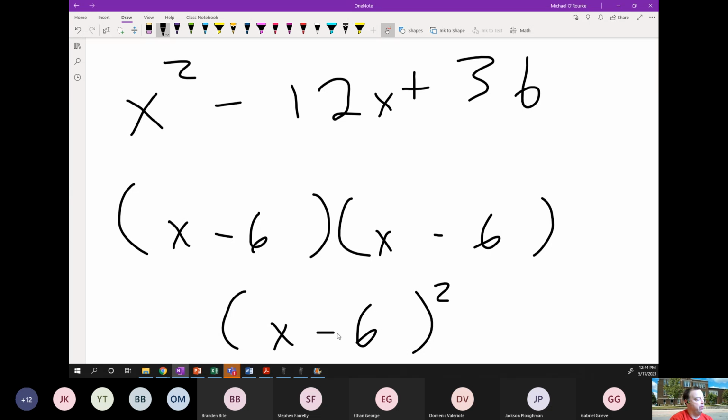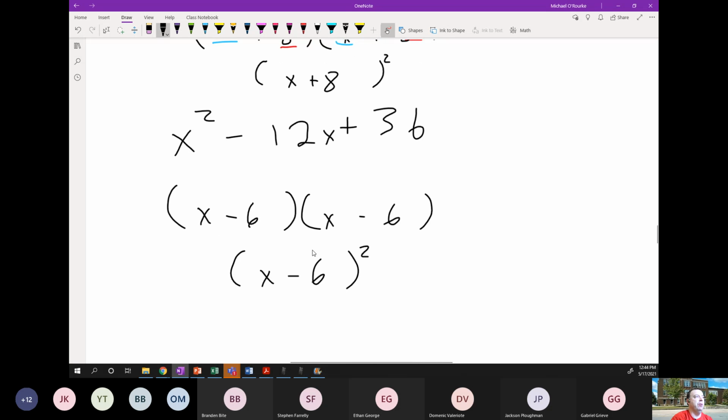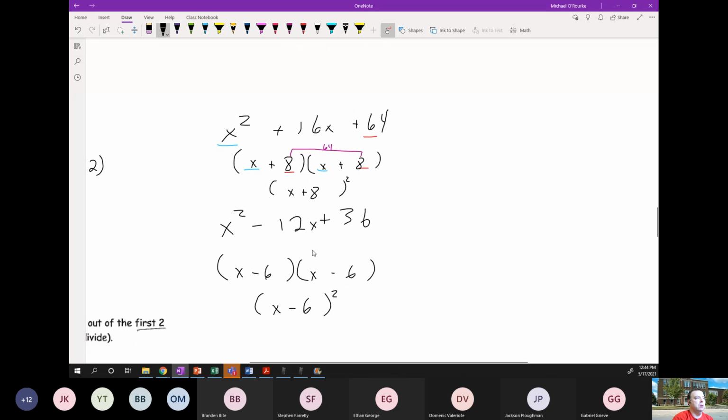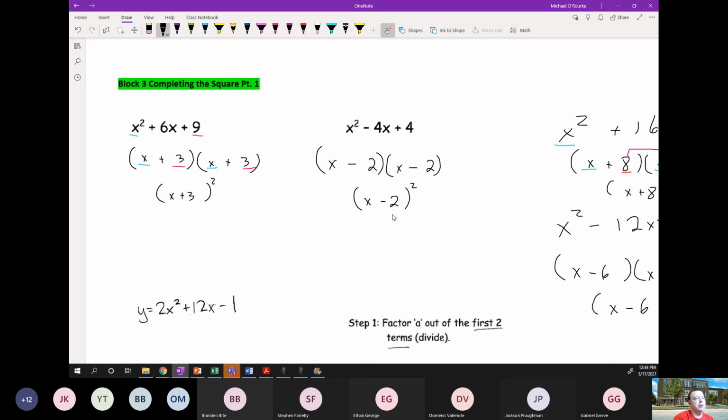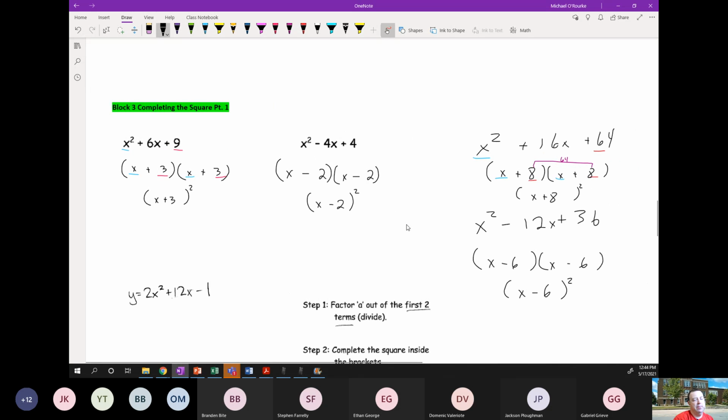How does everyone feel about what we just did? That's a quick little review. But I'm going to challenge you to find a pattern for me. Well, first of all, how did everyone feel about that? G for good. I don't know. B for bad. About how we factored all those. Good, good.